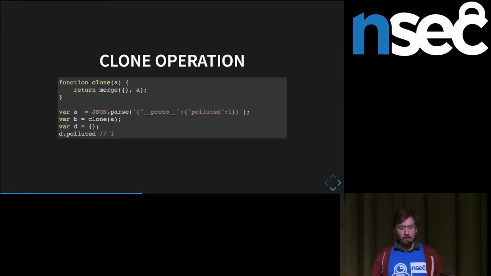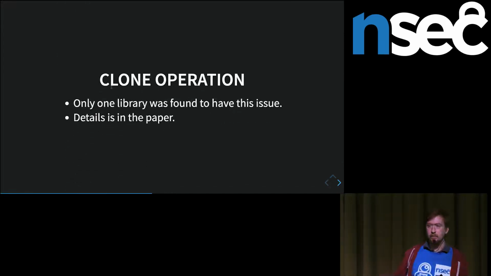Basically, this does a clone. However, if the merge operation being used to do this is affected by the bug previously mentioned, when you use this clone operation, it's also going to cause prototype pollution with the same effect. For this type, I only found one library which was affected. So this is probably in practice a rather niche edge case that's less likely to be seen.